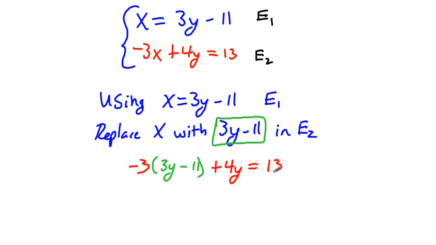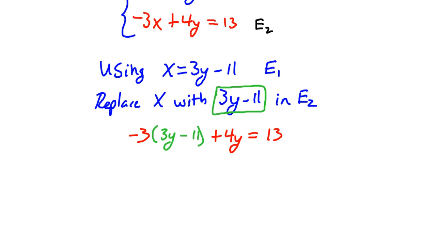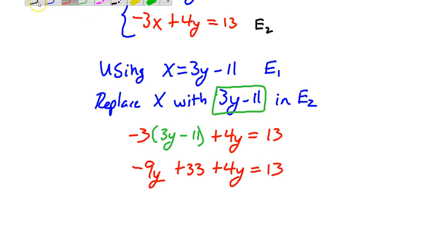Okay, and same setup as last time. Once you plug it back in, it's just a little bit of distributive property to work through it. So you've got negative 3 times 3, that's a negative 9y. Negative 3 times negative 11, that's a positive 33. Plus the 4y equals 13. And because you have the same variable on the same side, go ahead and do negative 9 plus 4.